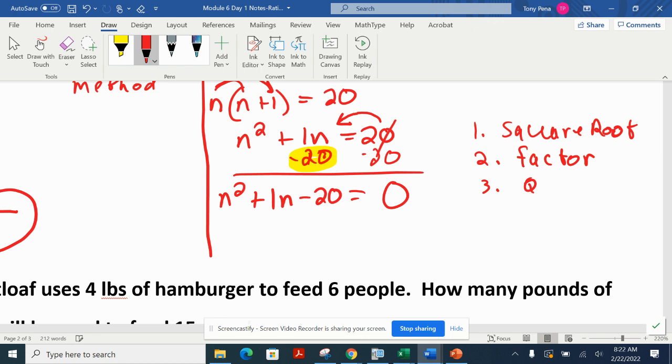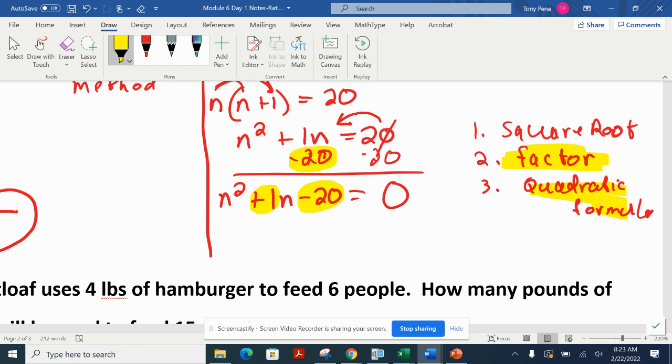And if that doesn't work, you've got to use the good old-fashioned quadratic formula. So when we look at this guy, what we are hoping for is there are two numbers that multiply to be a negative 20 and would also, when we add them, give you a positive 1. If you can say, yes, I know two numbers that do that, then we would factor. If that is impossible, then you've got to do the quadratic formula.